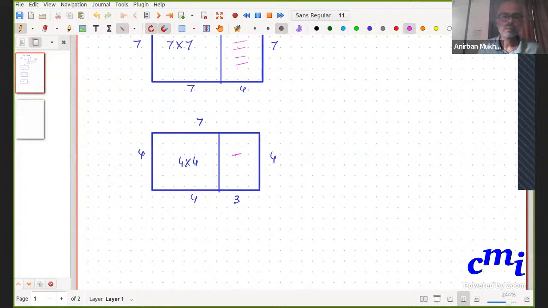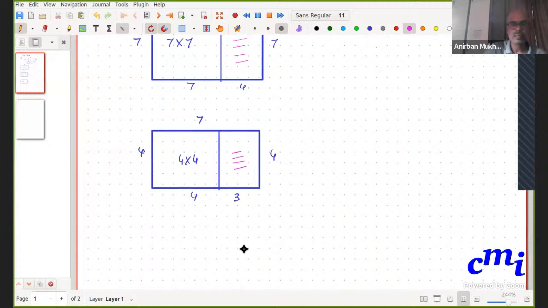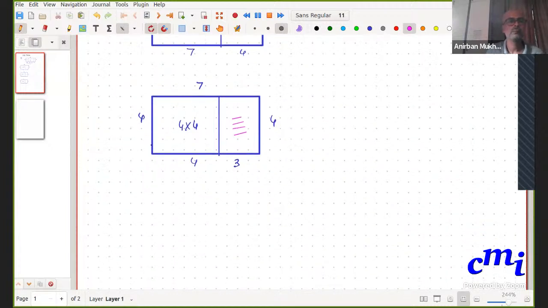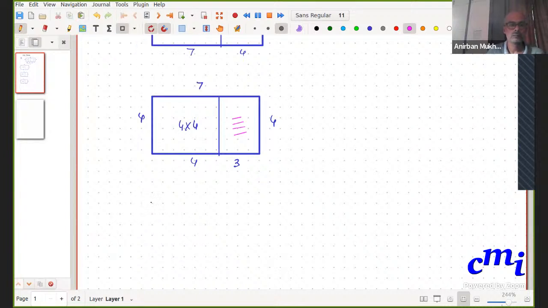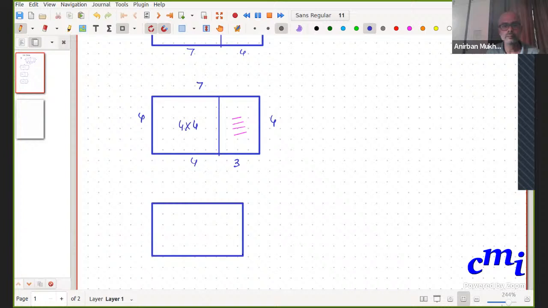So this is my remaining rectangle. We need to draw that again. 3 cross 4.